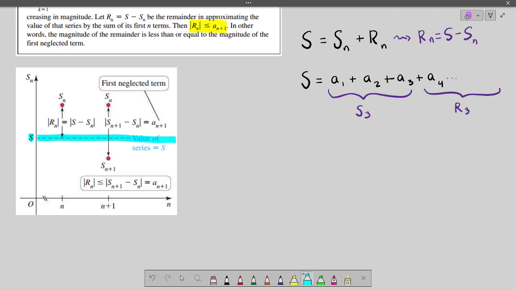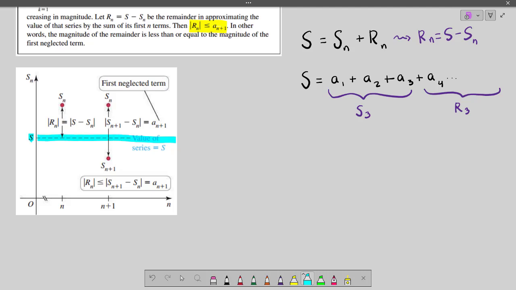And if we have an alternating series that converges, every time we add a new term, we bounce through that eventual sum. We add a positive, then we add a negative and go down below, and then we add a positive and go above, and then we add a negative and go below. So we're going to be bouncing or oscillating around the actual sum of the series.